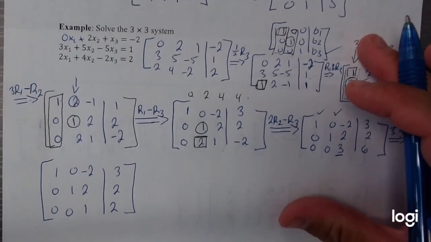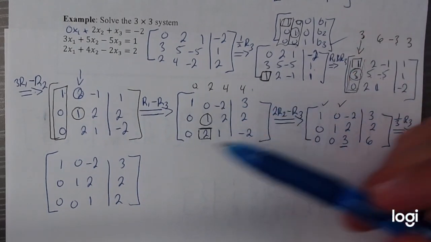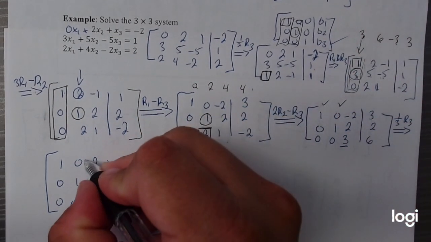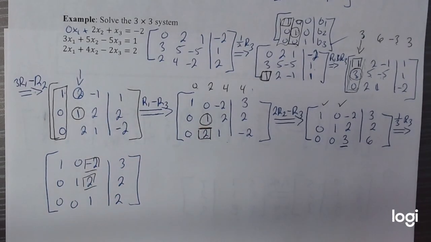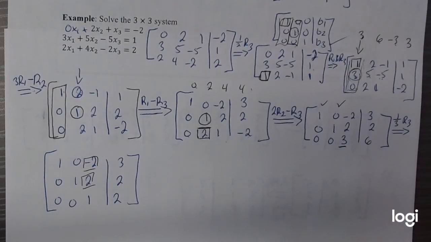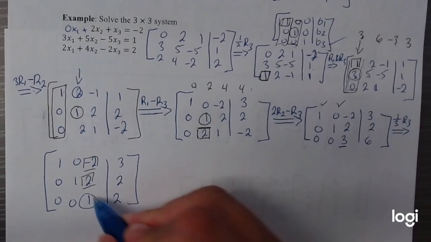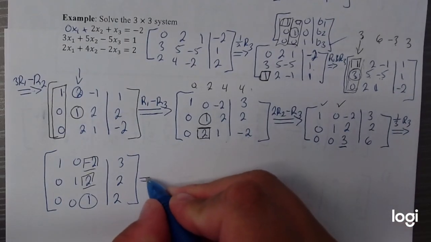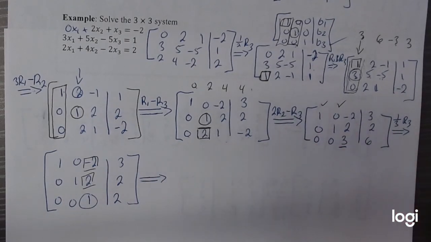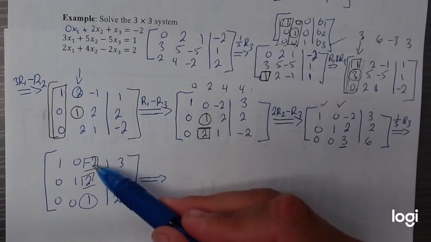Okay, we're almost done. Now we just have to repeat it one more time to make these zeros. Okay? And we're going to use our pivot point to help ourselves out. So let's start from the top. So this is a negative 2.